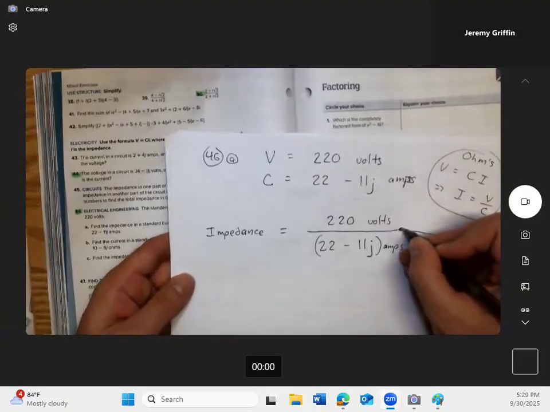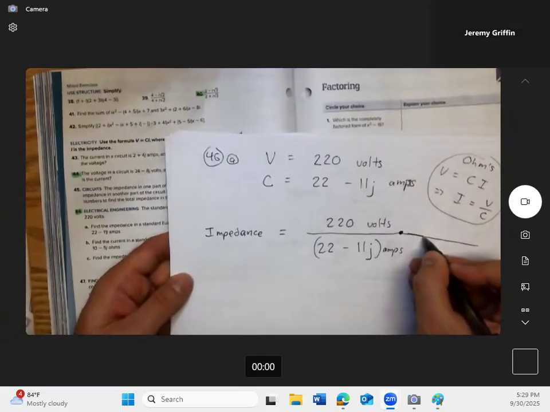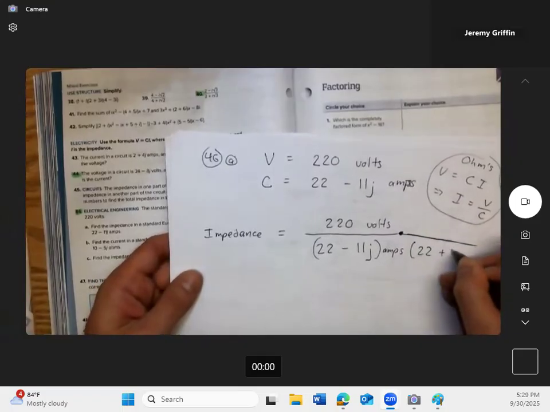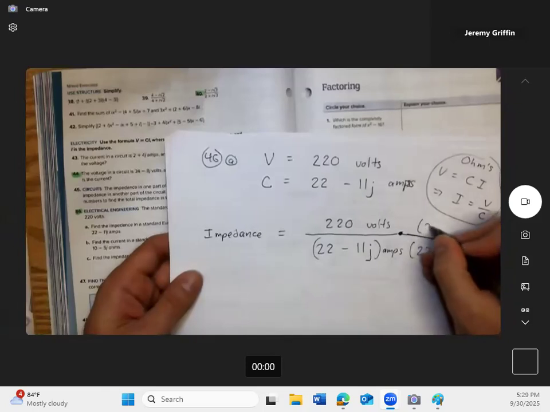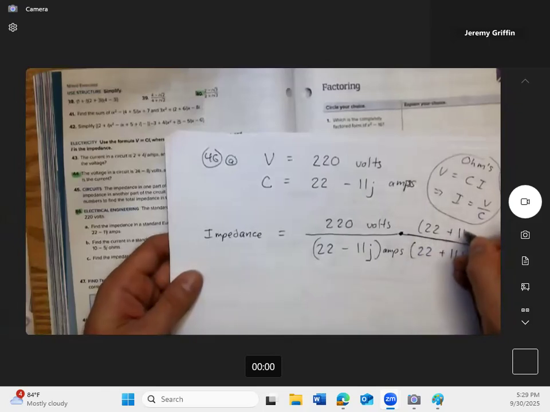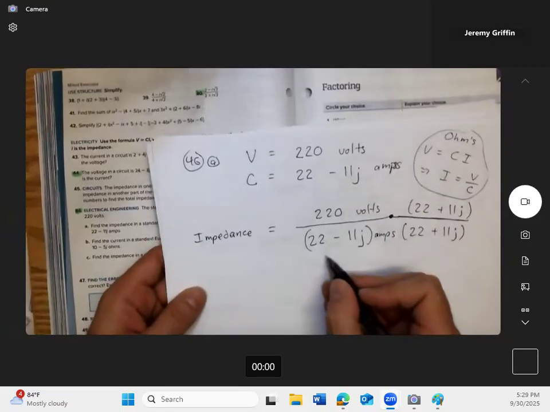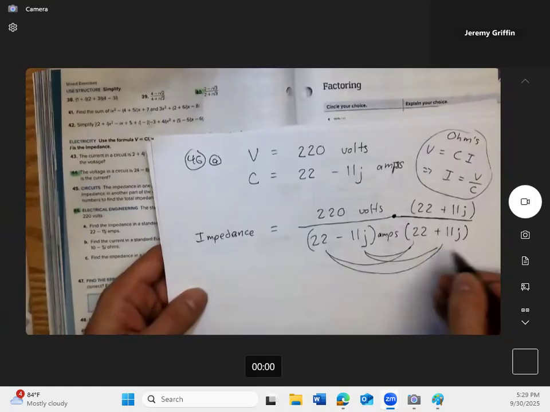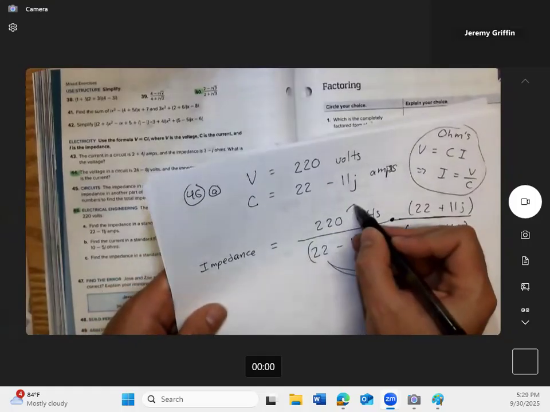Now I'm going to multiply by a complex conjugate here. The complex conjugate is going to be 22 plus 11j. But remember, do that top and bottom so that it balances out. And then we'll do a bunch of foiling. F, O, I, L. Actually, the top is more of just a standard distribution.